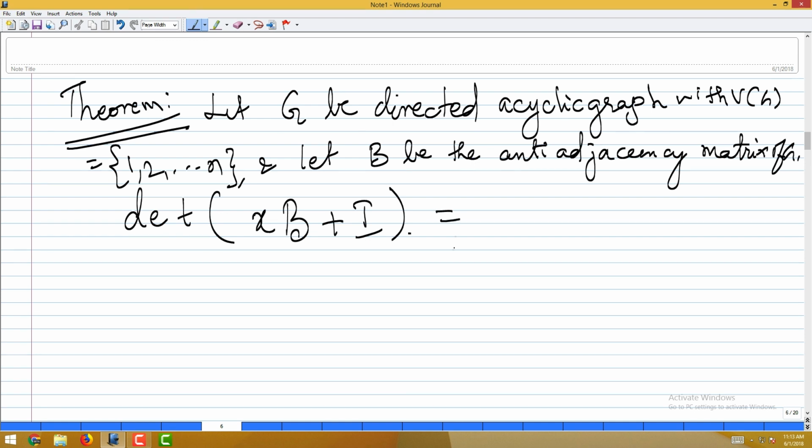Say suppose this is, you will obviously get a polynomial, right, if you take a determinant of this, you get a polynomial in x. So, let us give a representation for this as the sum of C_i x to the power i, where i is equal to 1 to n.